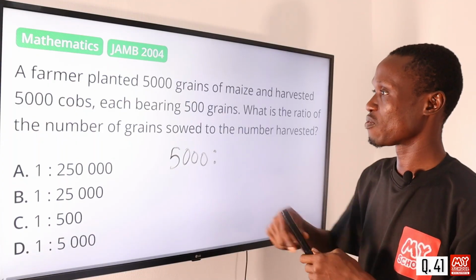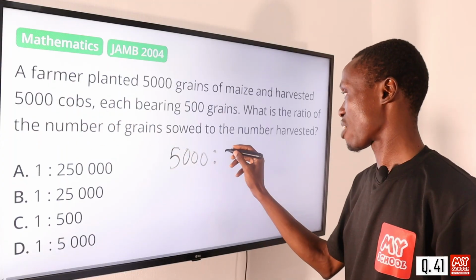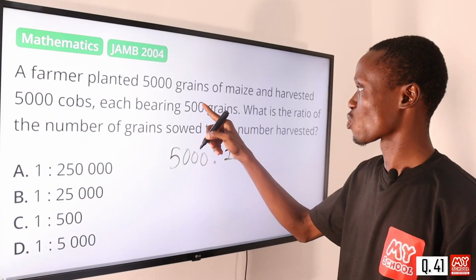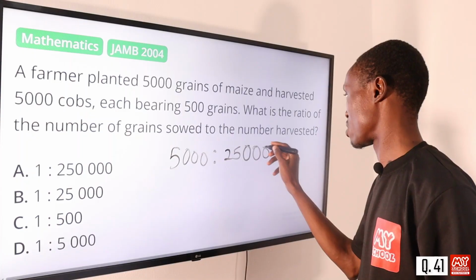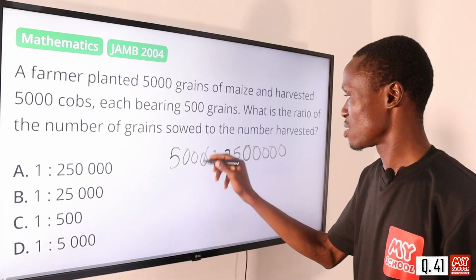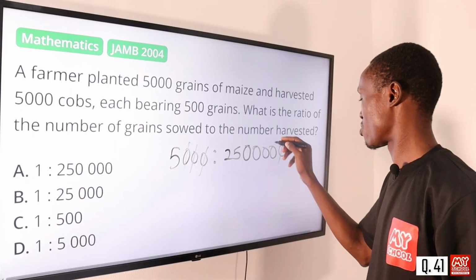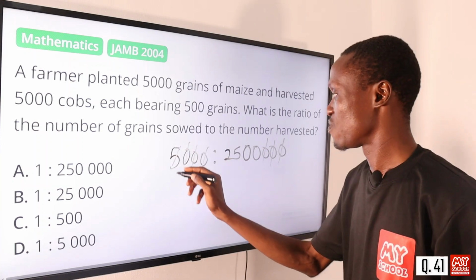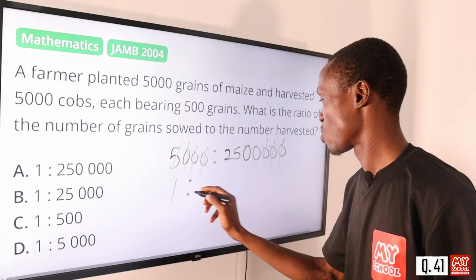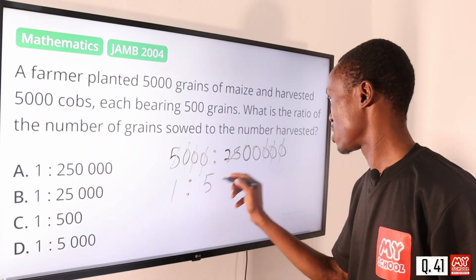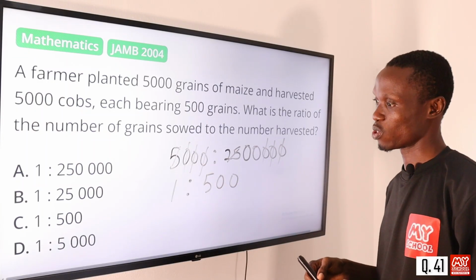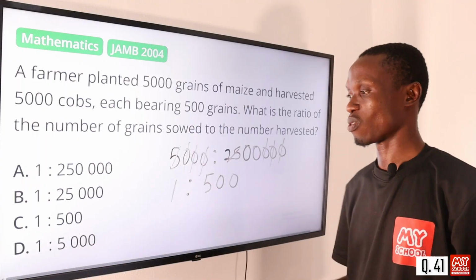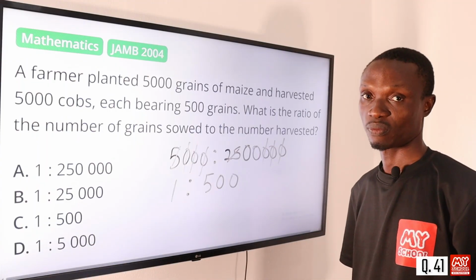If we do that, we have 5 times 5 is 25, and then the zeros, 1, 2, 3, 4, 5. So the 3 zeros here go, and the 3 zeros here also go. So 5 here is 1, then the ratio, 5 here is 5. At the end of the day, we have 1 ratio 500. So that makes option C the correct answer to this question.